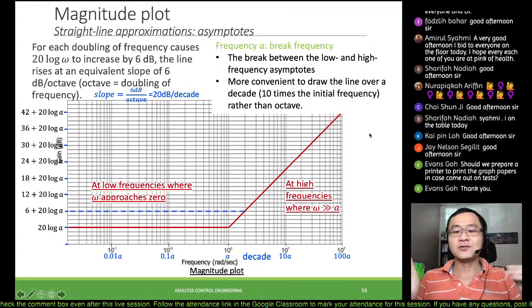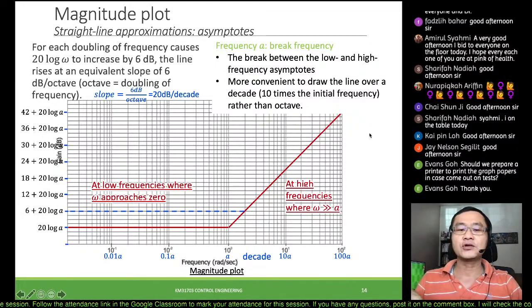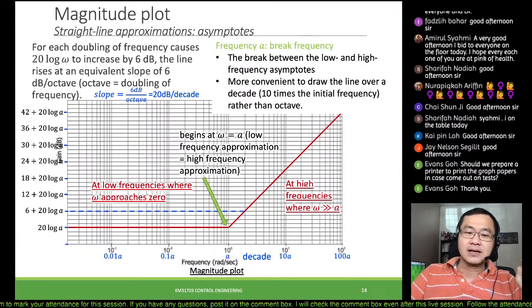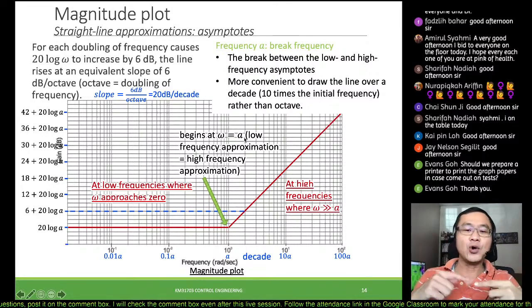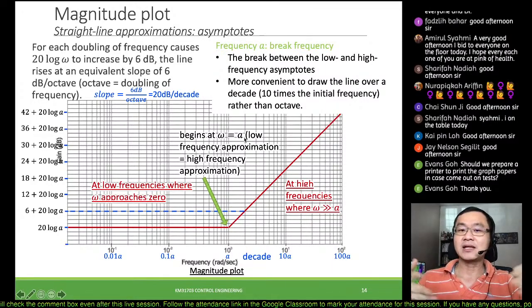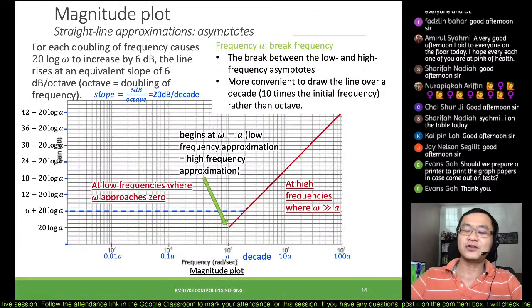So we can see that we have plotted two asymptotes, one for the low frequency and another one for the high frequency. And where they meet is the meeting point between the low frequency and the high frequency. We approximate that this particular point is where it changes gear from low frequency to high frequency.